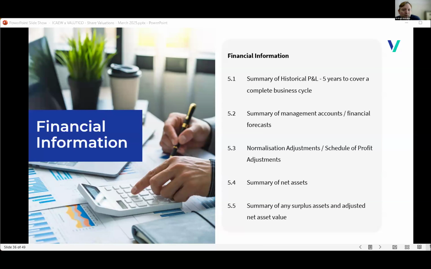Whilst forecasts also help us to assess expected future performance, which is particularly important for income-based valuation approaches, such as those that are done on a DCF basis. And also normalisation adjustments and profit adjustments. So these adjustments are going to remove non-recurring, discretionary items and owner-specific expenses to reflect the true economic earnings of the business. And this step is going to be crucial for comparability and also for accurate valuation calculations.